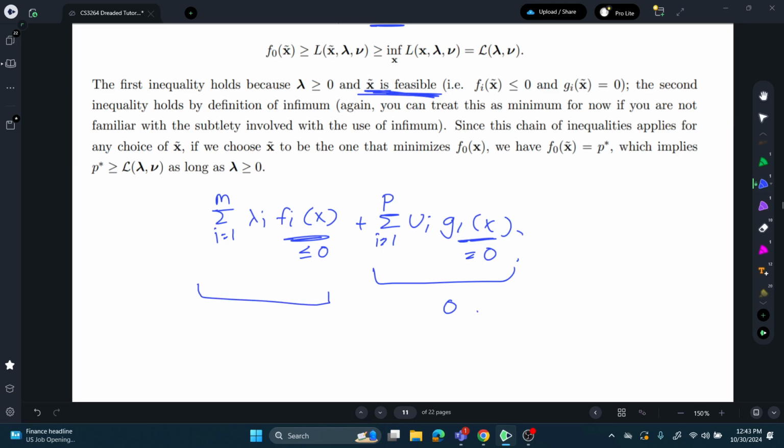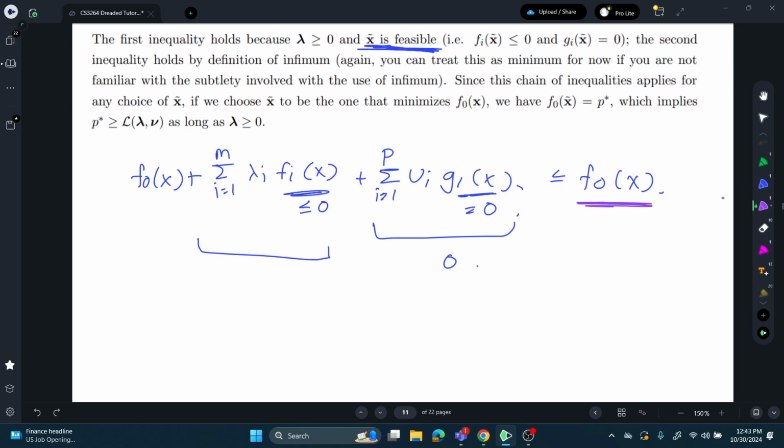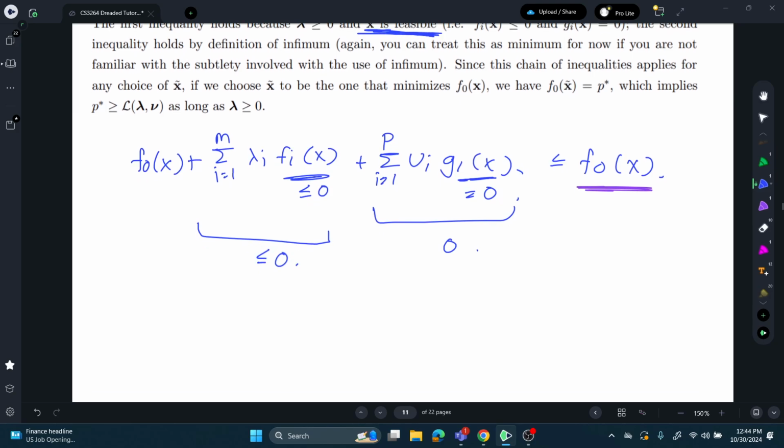Then I just need to focus on this thing. For me to ensure that this will be a lower bound, I can just put, say for example, this will be an inequality constraint. Then I will add the value of f0. This will be the value of f0 also. Notice that this is basically our primal objective. This whole thing is our Lagrangian function. The moment this adds on, it will only be satisfied when this whole thing is less than or equal to 0. So this whole inequality is satisfied when this part is less than or equal to 0.